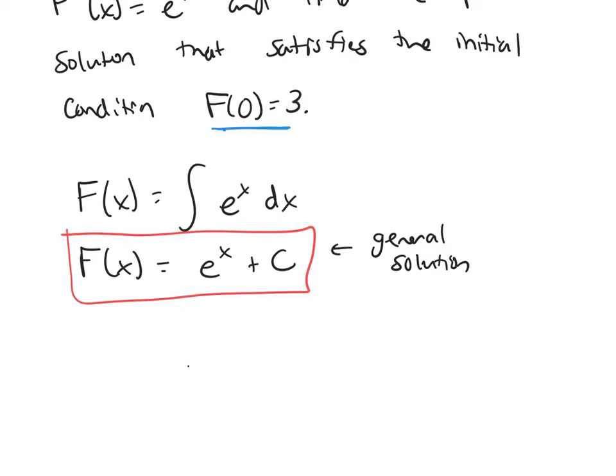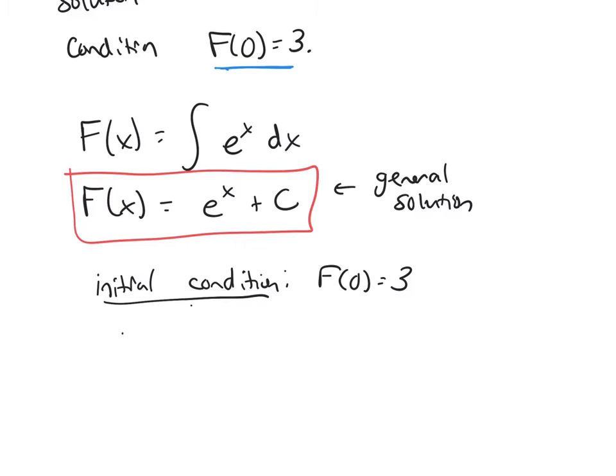And now we're going to find the particular solution that satisfies this condition, f of 0 equals 3. So we are going to focus in on that initial condition, f of 0 equals 3. So I'm going to plug in x equals 0. And I'm told that f of 0 is 3, e to the 0 is 1.